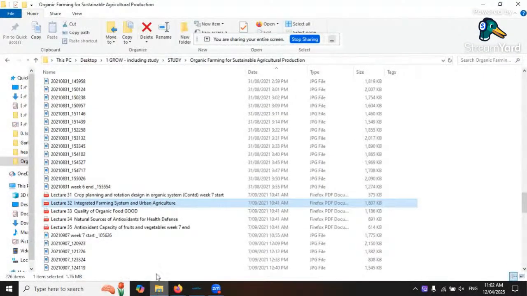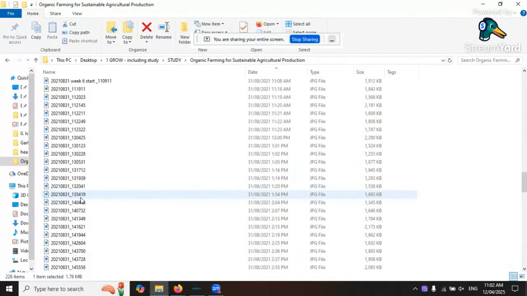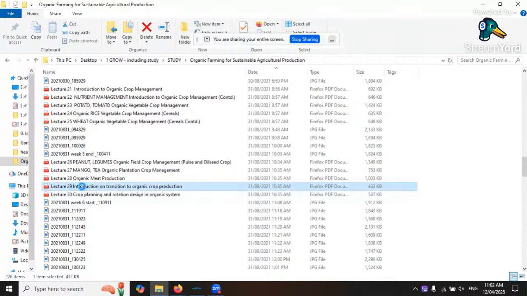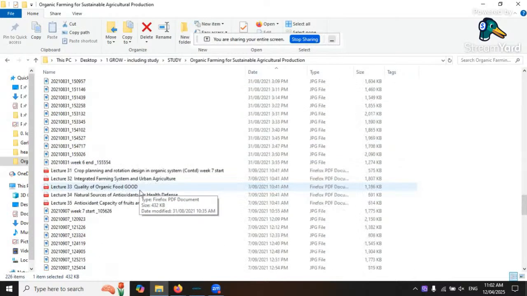So we're going through this course, Organic Farming for Sustainable Agricultural Production, and up to lecture 29. So it's transitioning into organic crops, crop planning and rotational design, crop planning of your agricultural system, integrated farming system, and urban agriculture.